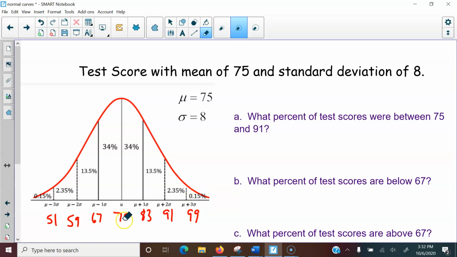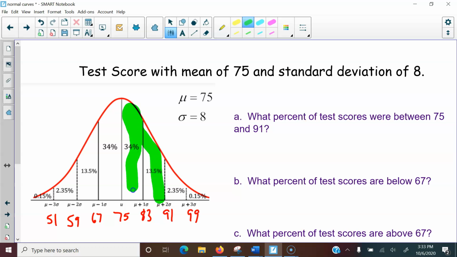Here, if I go backwards, 75 minus 8, going back one standard deviation, I have a 67. And then I go back again to 59, and I go back a third standard deviation to 51. So all of these values are different values for test scores on this normal curve. If I want to know the percent of test scores between 75 and 91, I'm looking for the percent of test scores in this range.